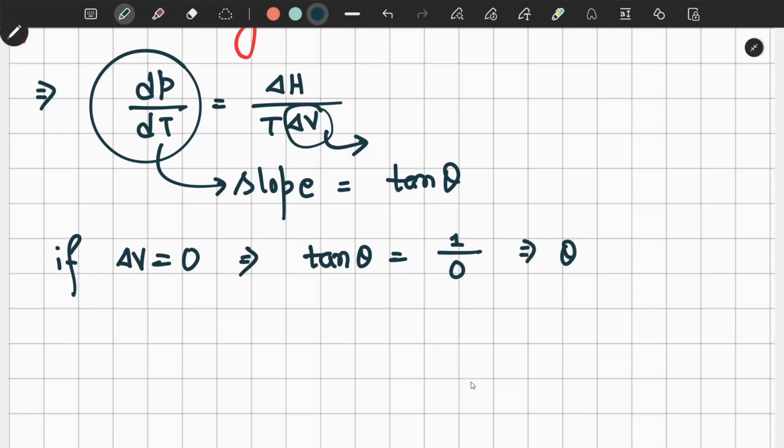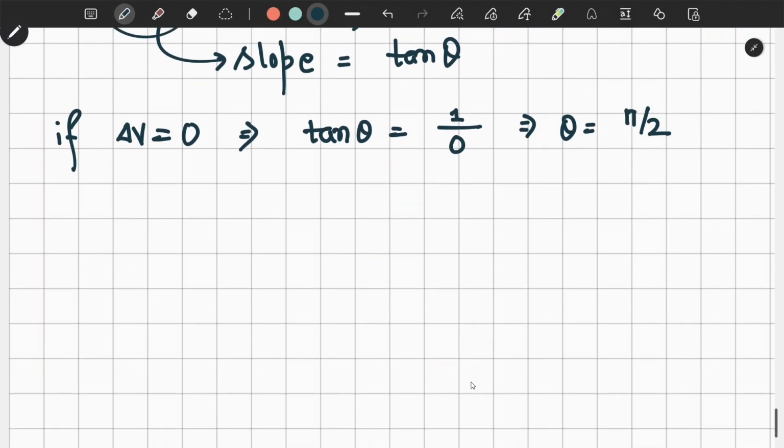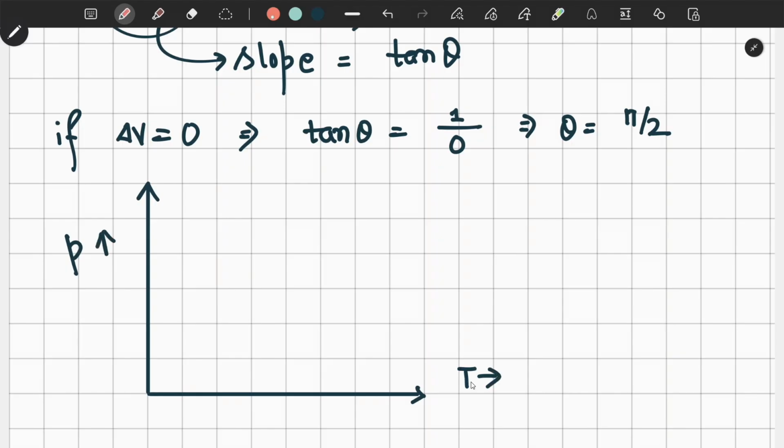So theta will be 90 degrees, pi by 2, for the first quadrant. So pi by 2 means just like this.